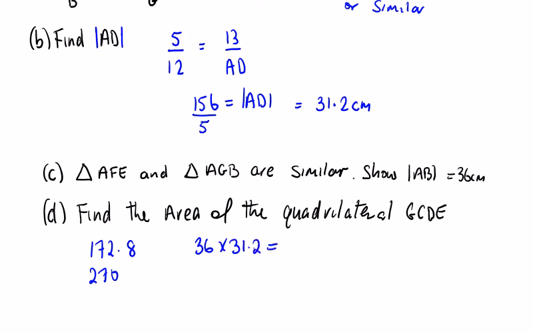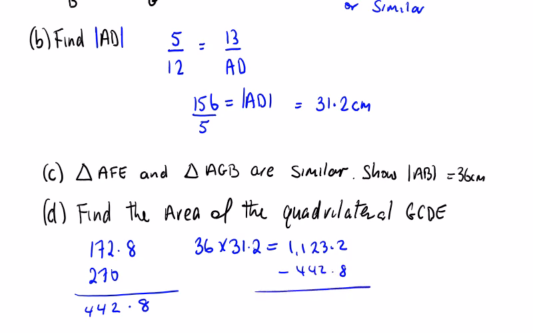So that's going to give me 1123.2. And what did these add up to? 442.8. It's going to give me a total of 680 and 2/5. 680.4 centimeters squared is the area of that quadrilateral.